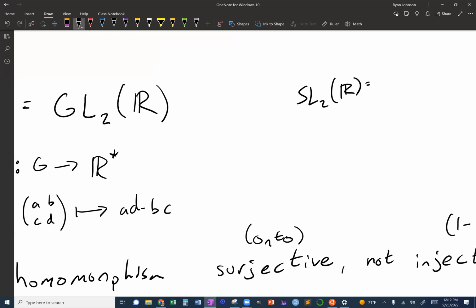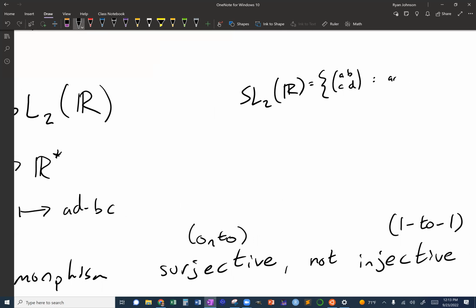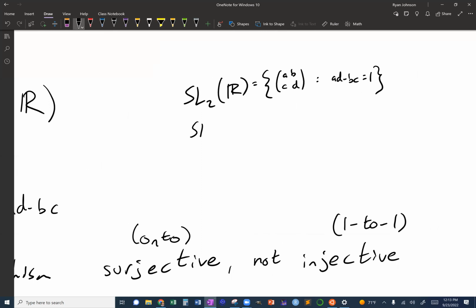That's the 2x2 matrices such that determinant or AD minus BC equals 1. So in this case, SL2 is equal to the kernel of the determinant homomorphism.